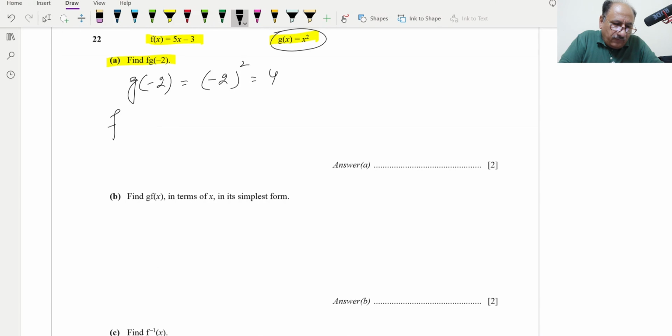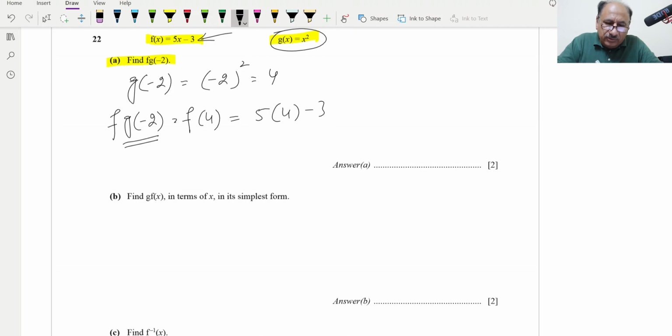So f of g of minus 2 means f of 4. We are replacing g of minus 2 by 4. Now f of 4, we will replace 4 in this one, so we'll get 5 into 4 minus 3, which is 20 minus 3, which is equal to 17, and 17 will be the final answer.